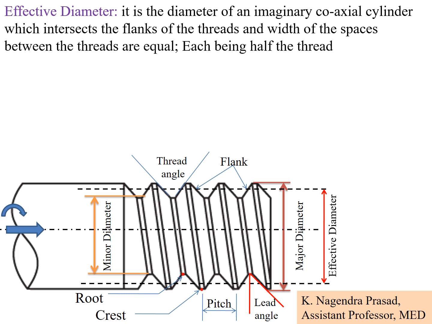In the diagram, observe that the effective diameter is placed between the major diameter and the minor diameter, and the width of the spaces between the threads is equal. Above the effective diameter and below the effective diameter, the width of the spaces between the threads are equal.